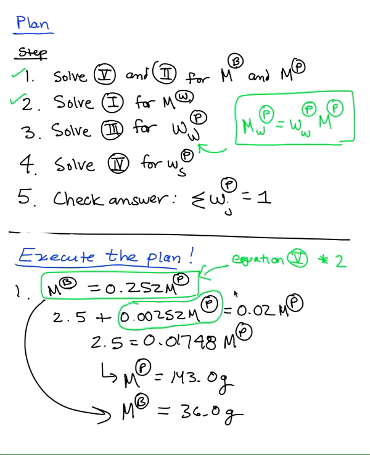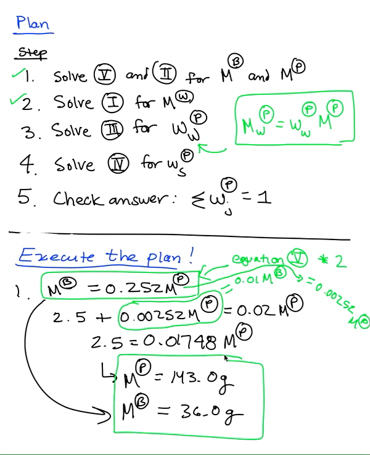In equation 2, this was equal to 0.01 times the mass of B, which, as you can see from here, is equal to 0.00252 times the mass of P. So that's where we got that equation from. And then we just went ahead and solved for the total mass flow of streams P and B.